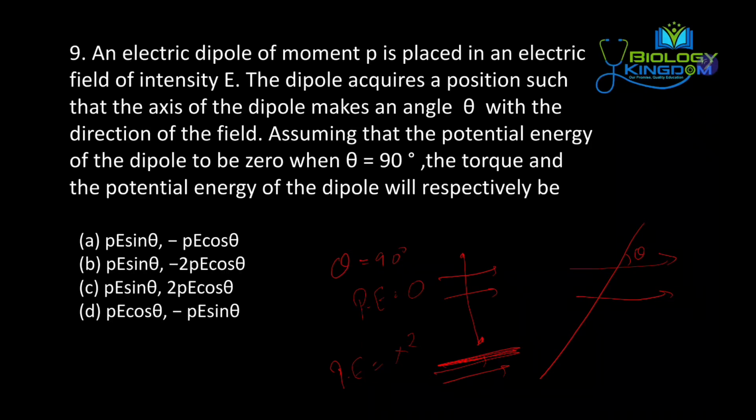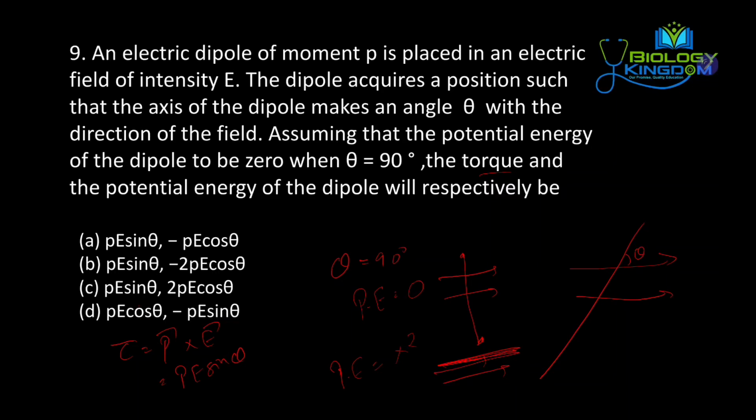So it is given to us. Now we have to find the torque and potential energy of that dipole. First we'll find the torque. What is the formula of torque? The formula of torque is tau equals P cross E. So PE sine theta is the torque here.